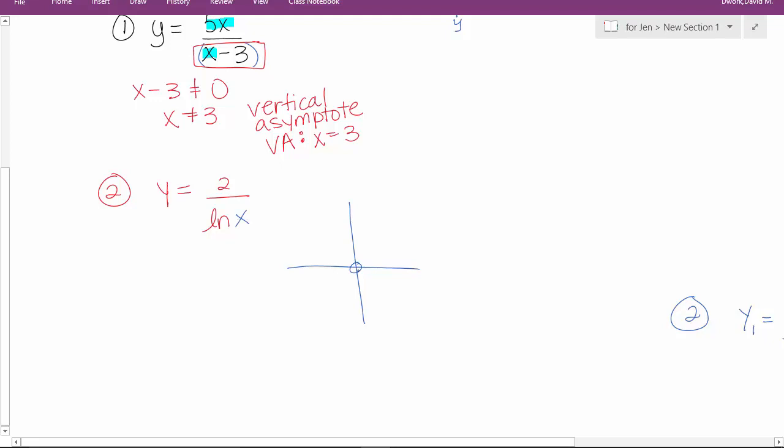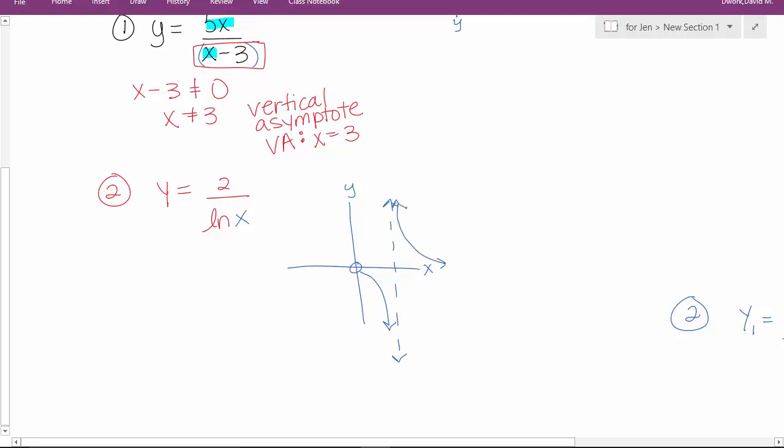And so I have a hole at 0, and then this will go down pretty sharply. I will have a vertical asymptote, which we'll talk about here in a second. And then the rest of the graph appears up here. Okay? So that's what the graph will look like.